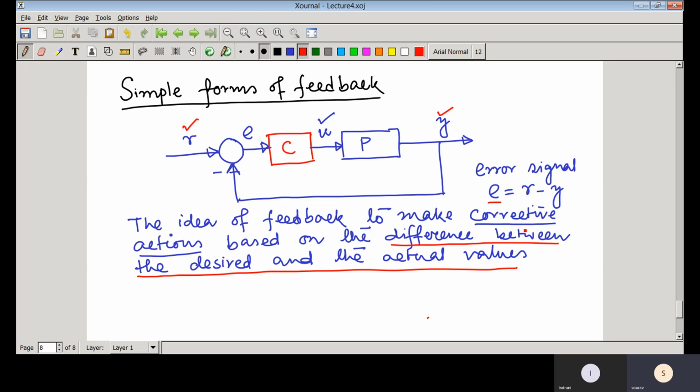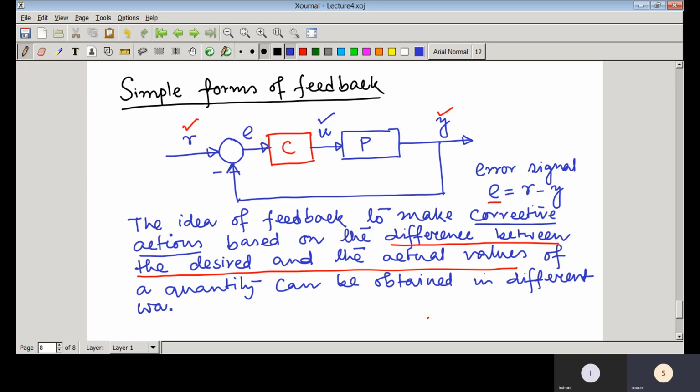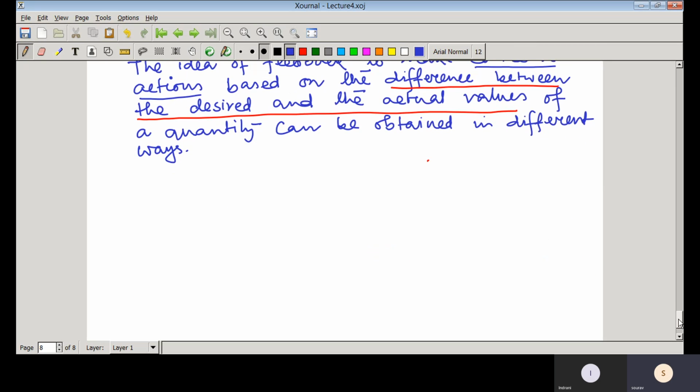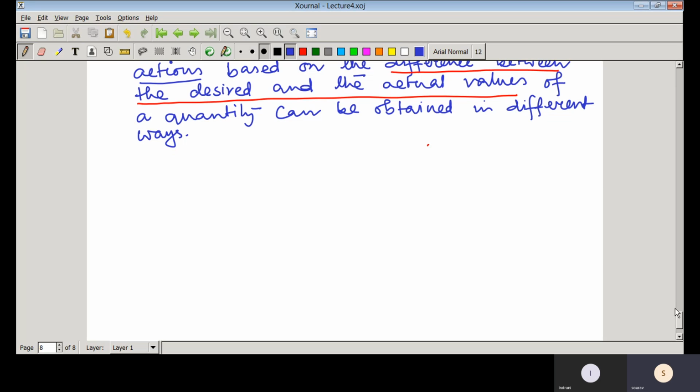That means the control input that you generate can be obtained in different ways.